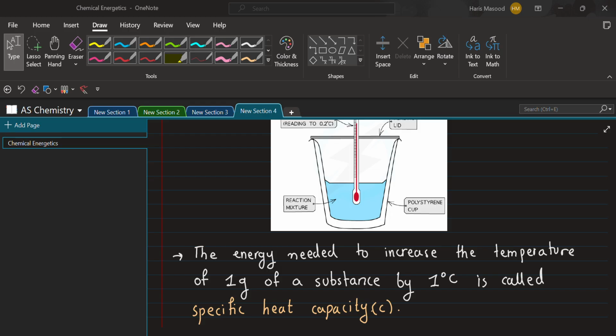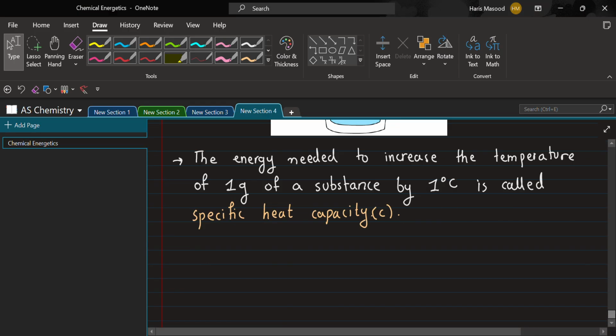For example, the specific heat capacity for water is 4.18. Okay, it is general, I think you should remember it.